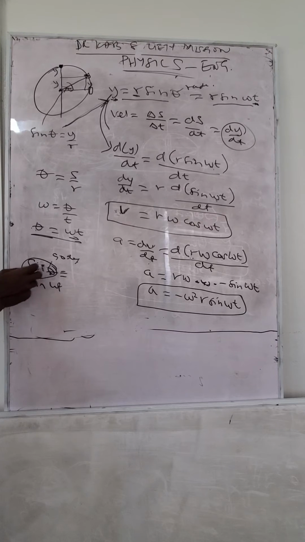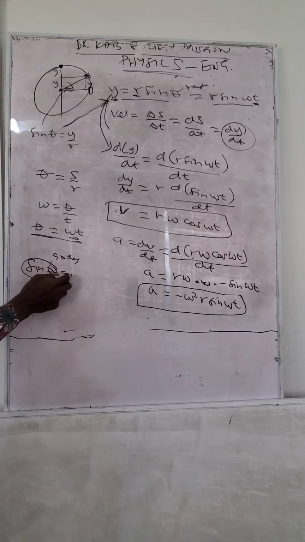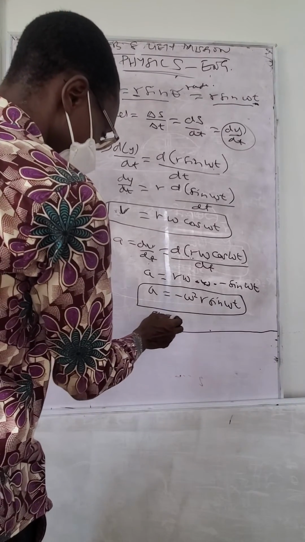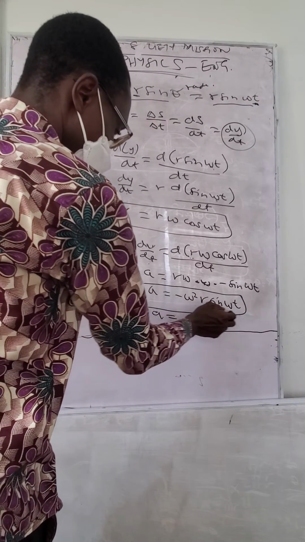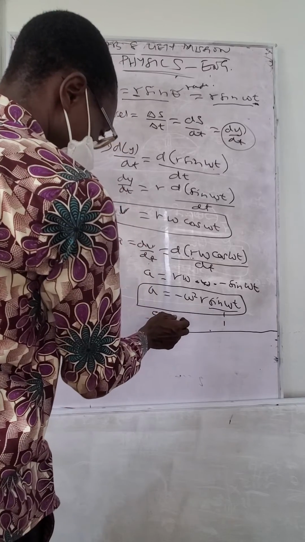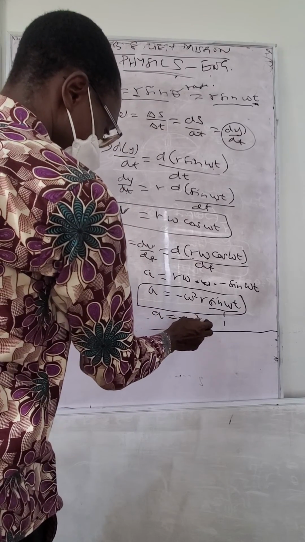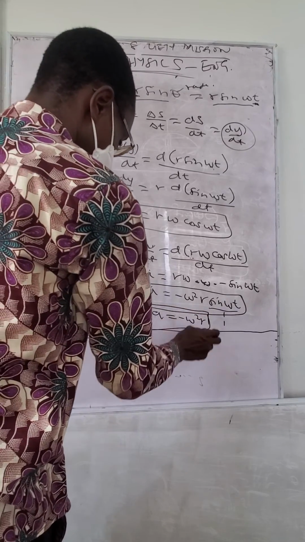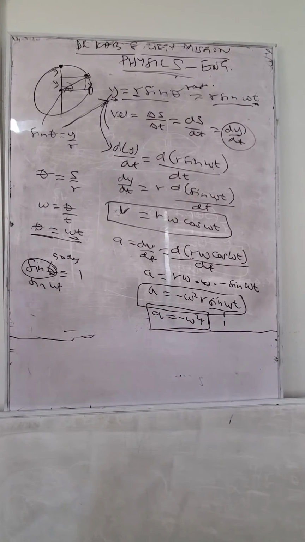Then sine 90 is what? 1. So sine 90 is 1, so that A is equal to omega squared r. So at the maximum point, this will be the acceleration.